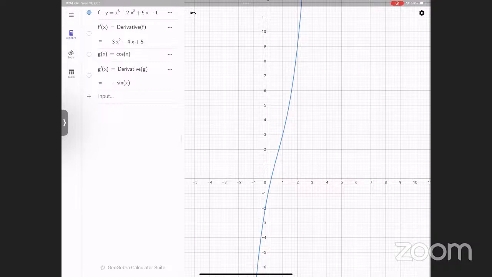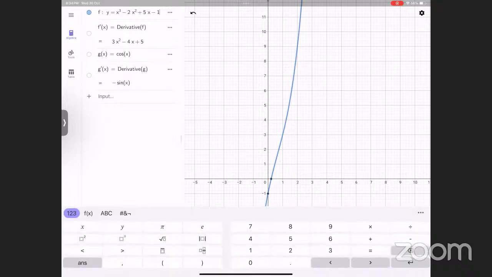Now, what is the differentiation of minus 2x squared, Nicholas? 2 times minus 2x to the power 1, minus 4x.